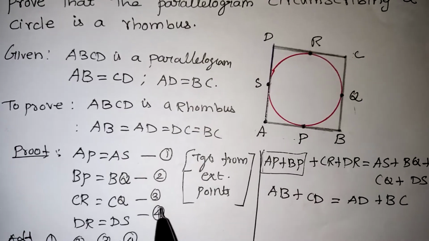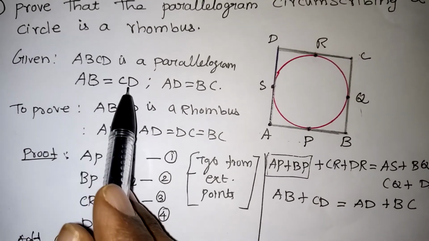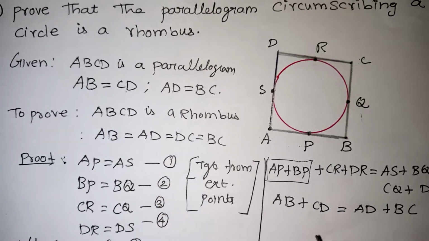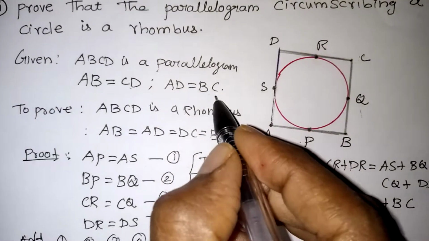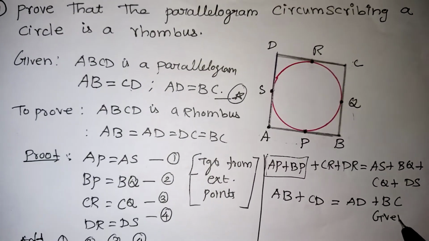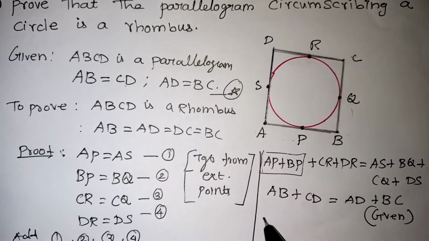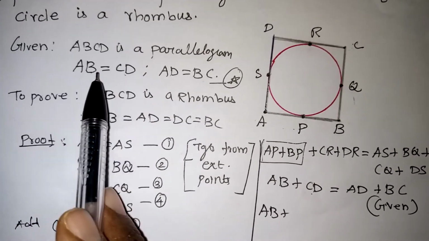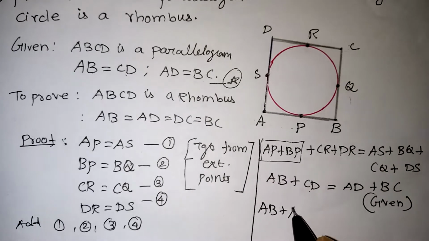Now what is given in our question? AB and CD are equal, and AD and BC are also equal. This is a given condition, so we are going to apply it here. Keep AB as it is, and in the place of CD write AB.